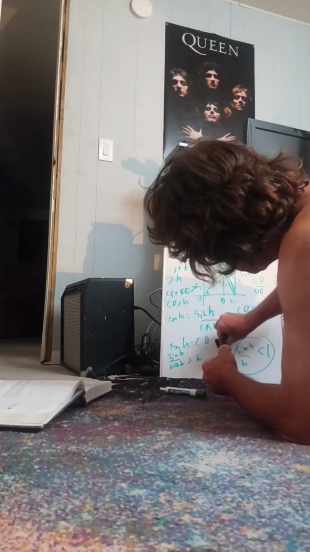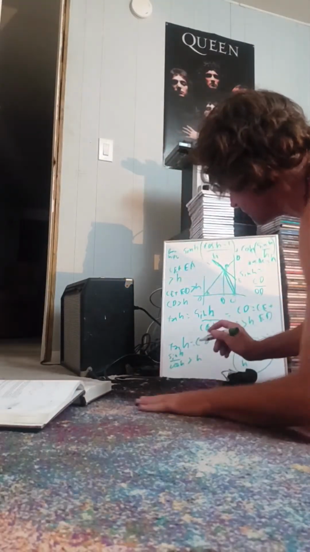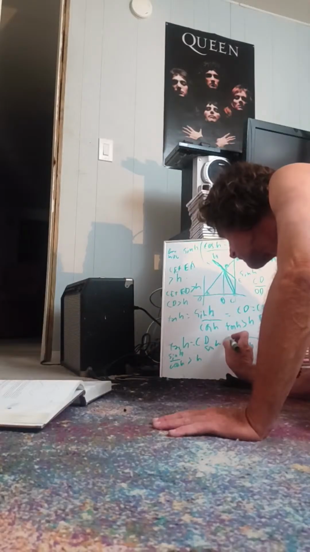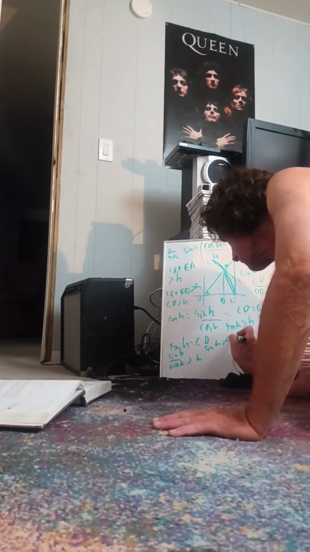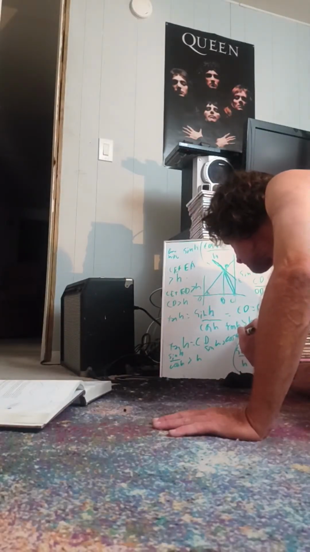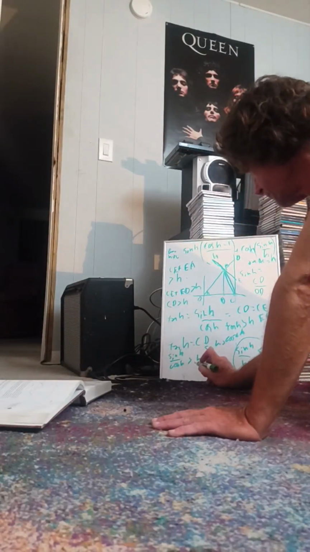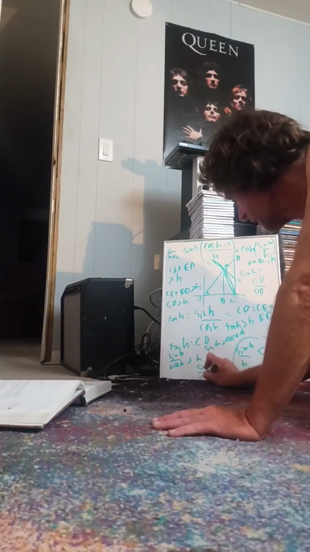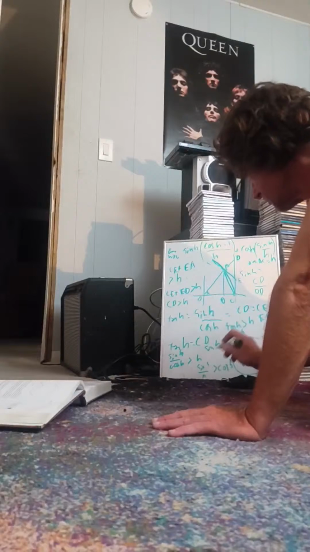I'm going to do the right math here. Therefore, sine h is greater than cosine h times h. But then sine h divided by h is greater than cosine of h. Simple math.